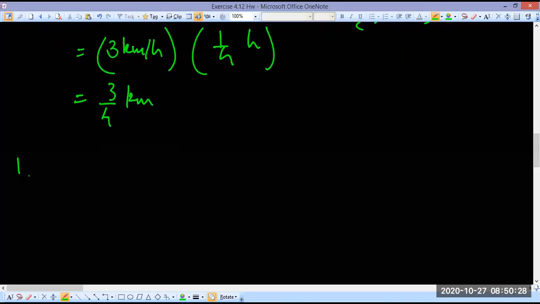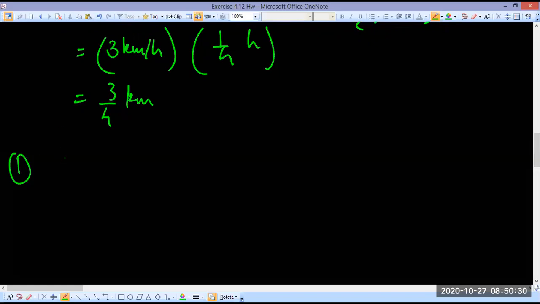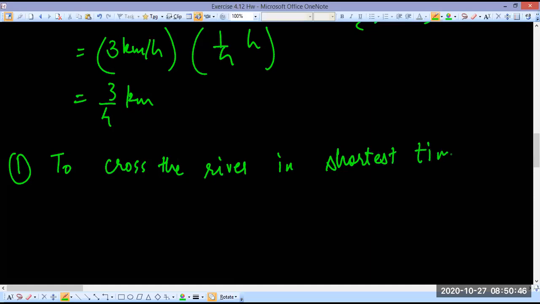Number one, the one that we have solved here is actually the shortest time to cross the river. To cross the river in shortest time, it is necessary that VMW is perpendicular to VWG. The VMW vector should be perpendicular to the VWG vector. That's what we have done, right?